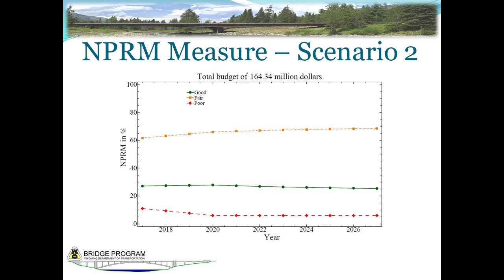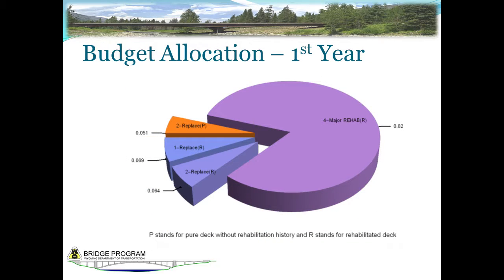Well, in terms of the health of the network of bridge deck condition, I kind of prefer scenario 1. This is the first year budget allocation for scenario 2. As we can see, we're going to spend 82% for major rehab, and another 18% for replacement.